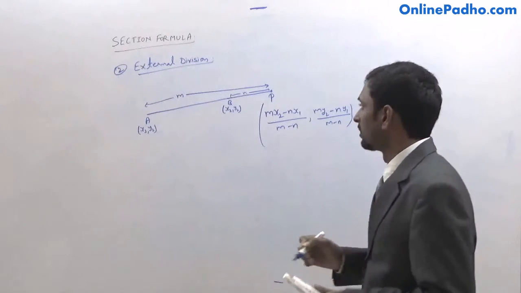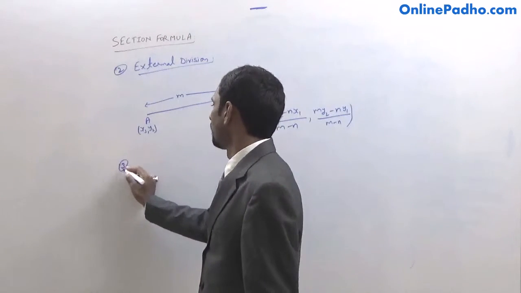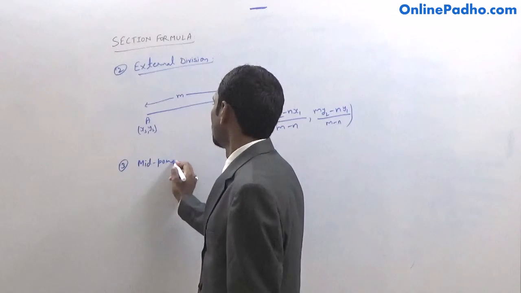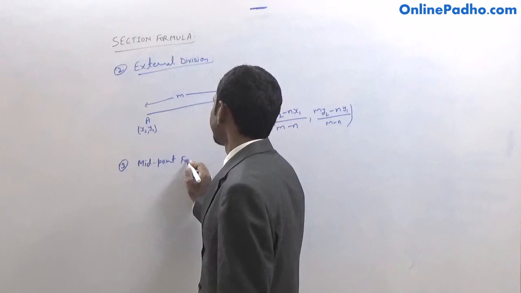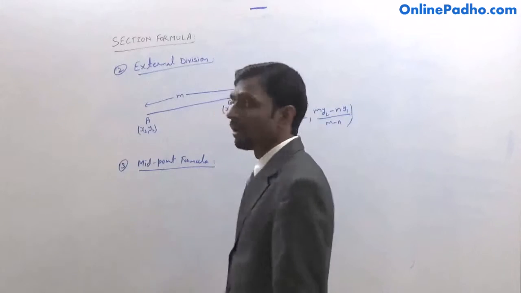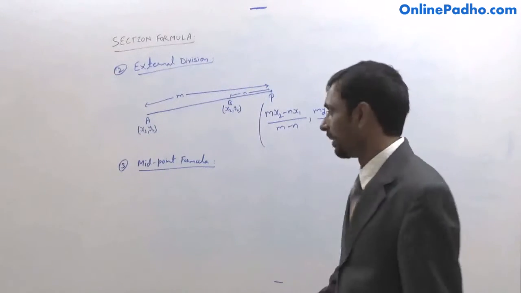Right? Now the third part of section formula is the midpoint formula. With the help of this formula, we can find the coordinate of the midpoint of a line segment.